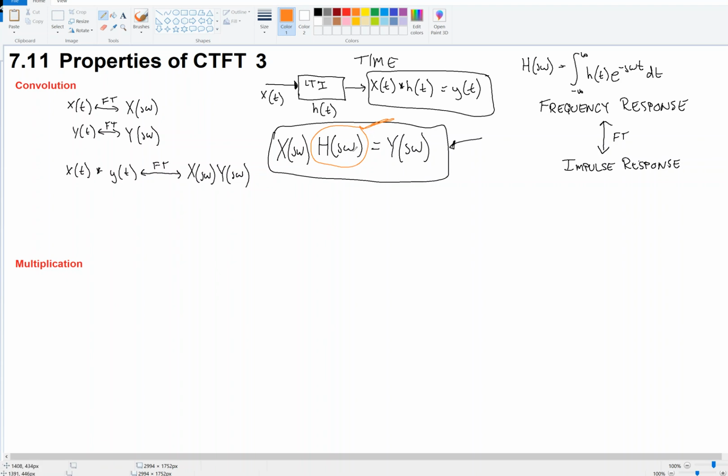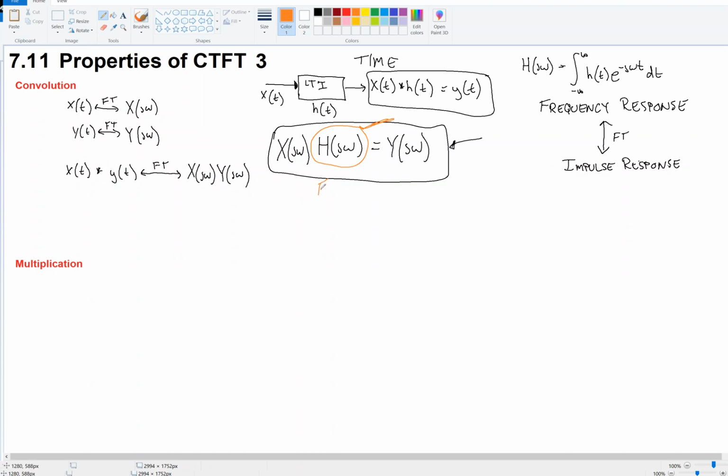So if this frequency response is 0, or close to 0 at certain frequencies, then those frequencies that we're inputting don't get to the output because you are multiplying them by a small, maybe 0 number. Anything times a 0 number is 0. So that's the concept of filtering.